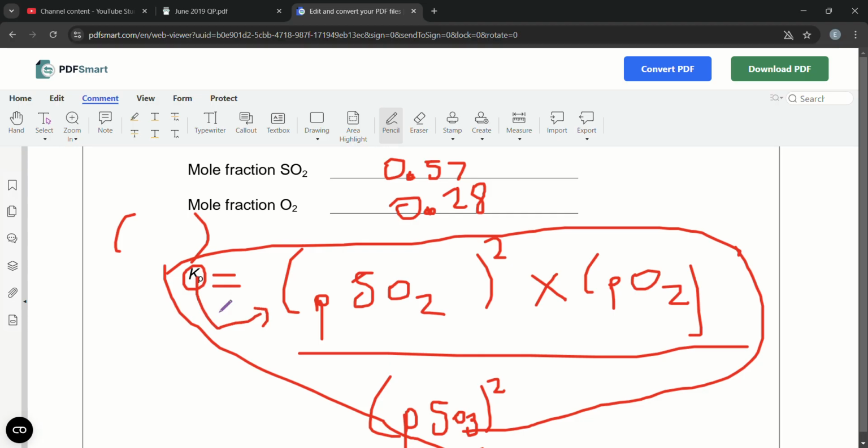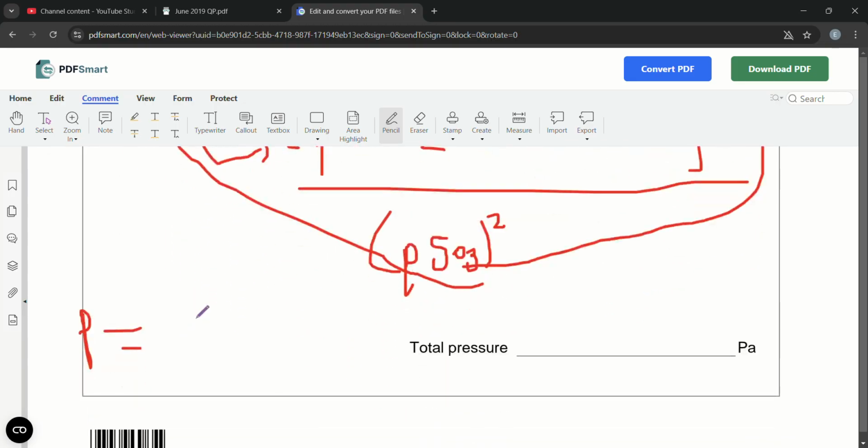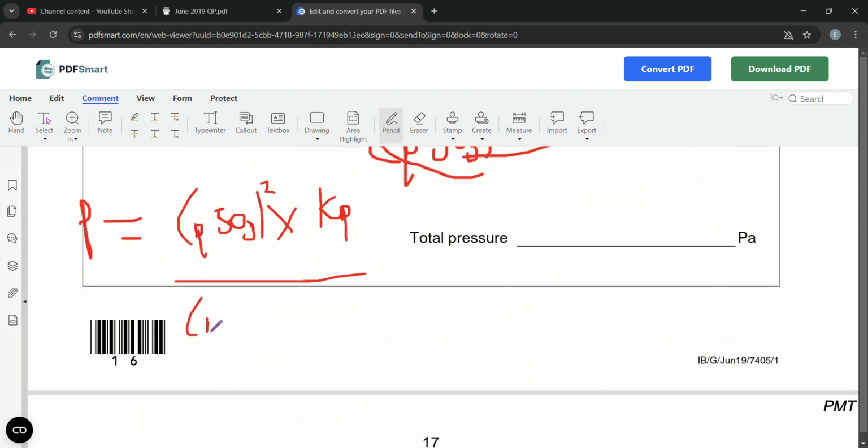Well, if we divide by Kp, actually what we'll get is, forget that, we'll get the pressure of SO3 squared times Kp over SO2 squared times O2.